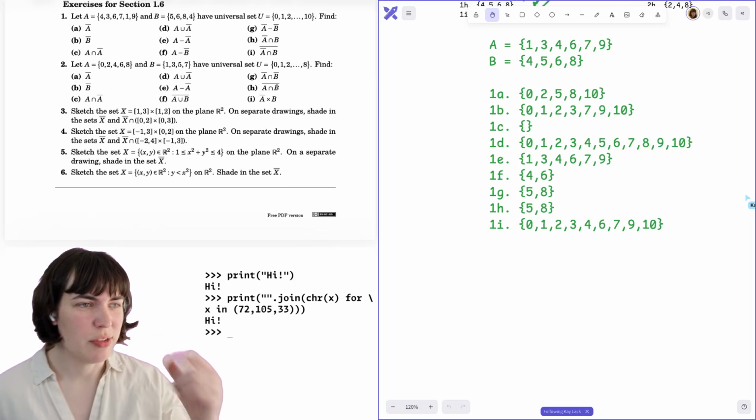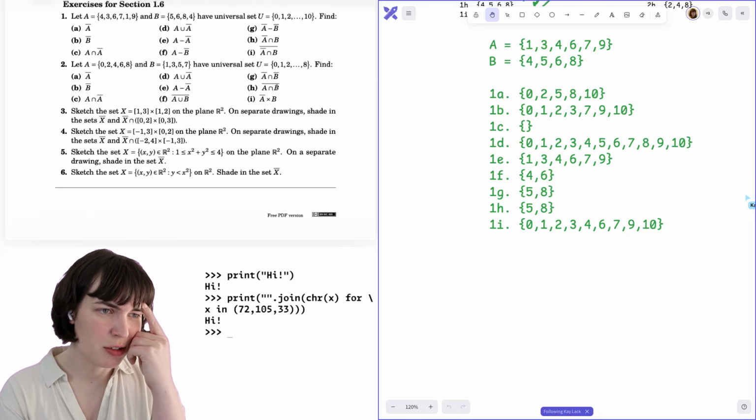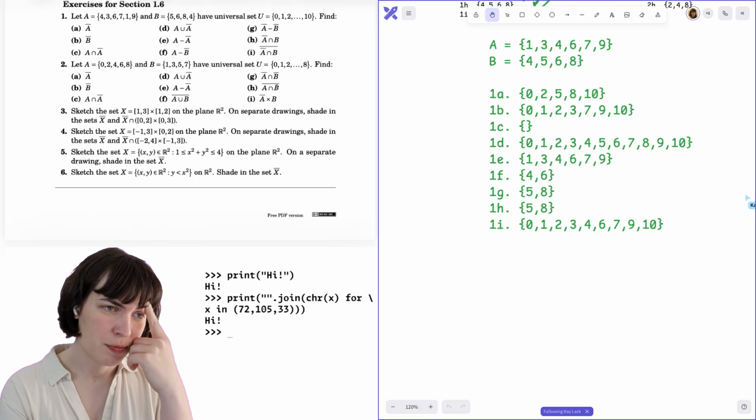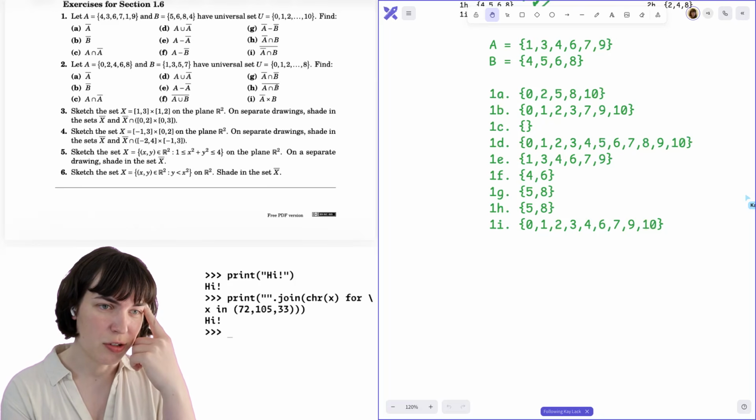Let me just think about if there's any heuristics I can learn from this. We already know the union of a set and its complement is the universal set. We know that E is just this.